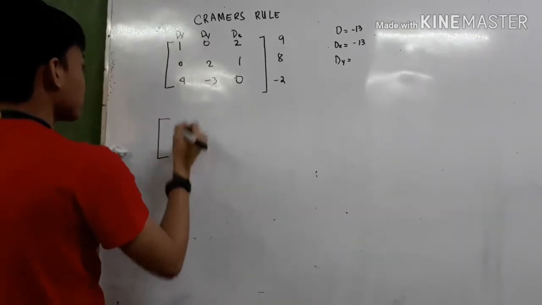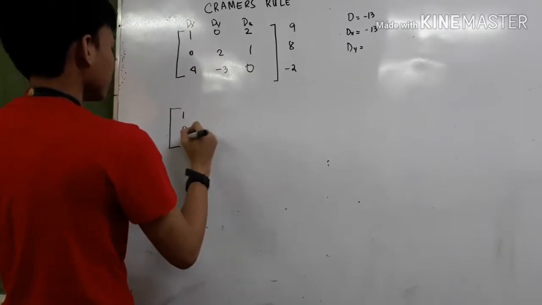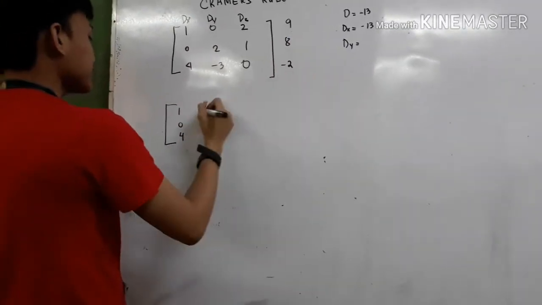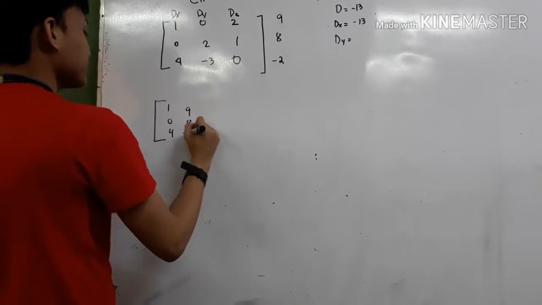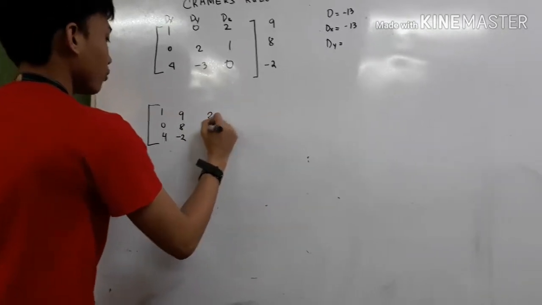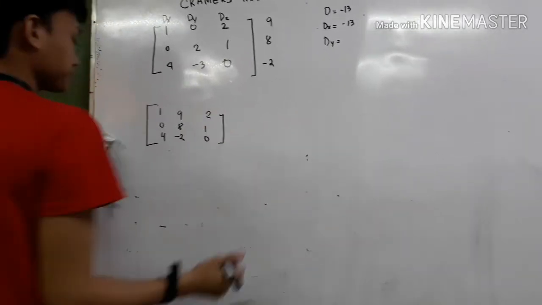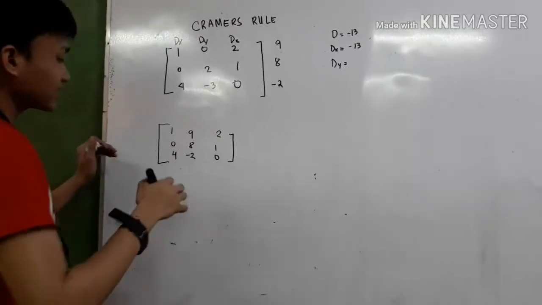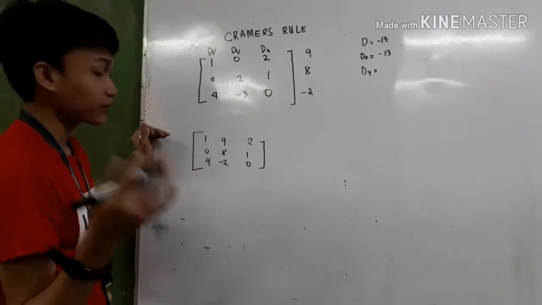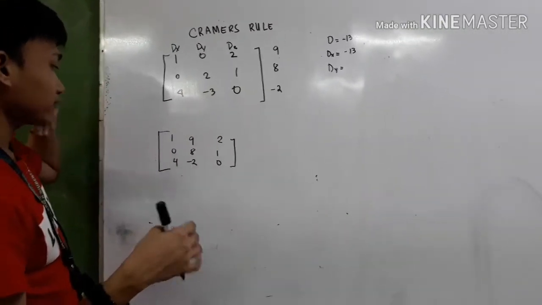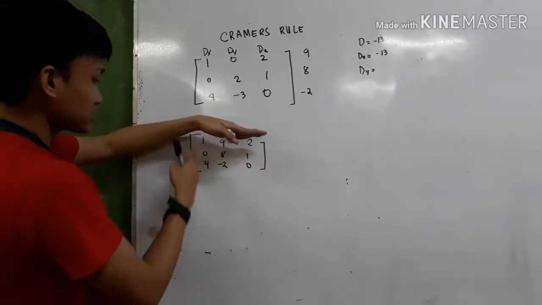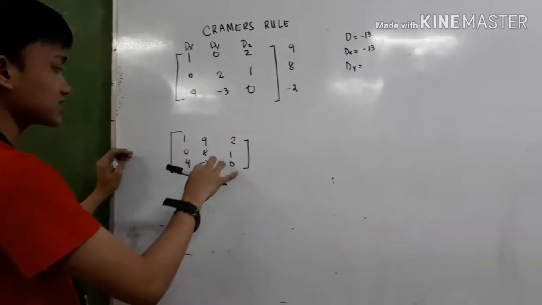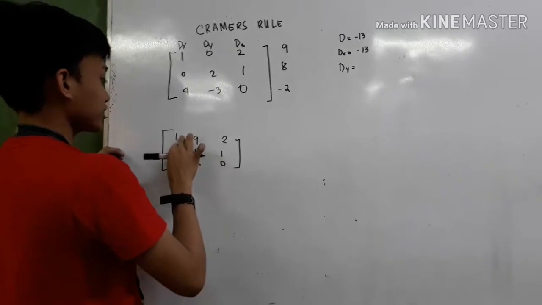It's equal to 1, 0, 4 and 9, 8, negative 2, 2, 1, 0. Again, as I told you earlier in our process, we have to eliminate this term and let's put it as the matrix for this one.